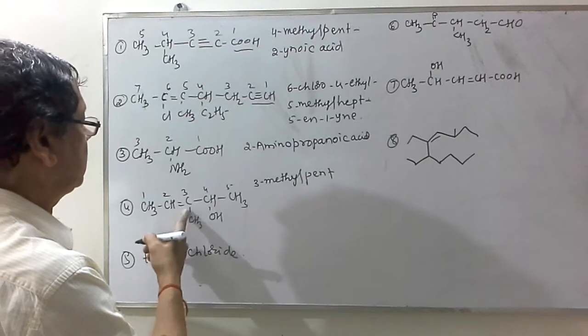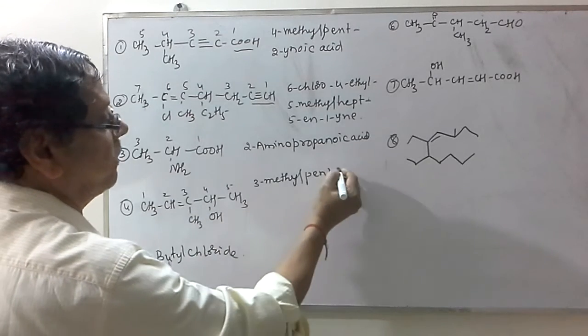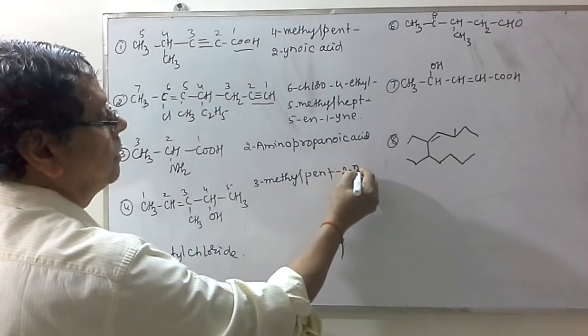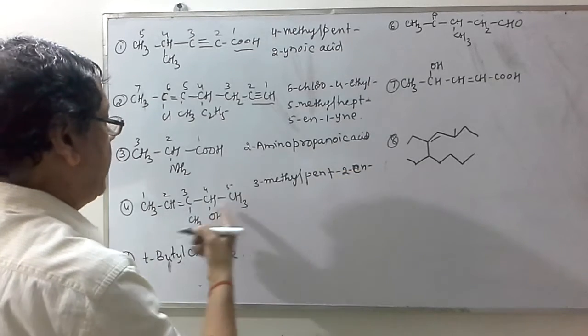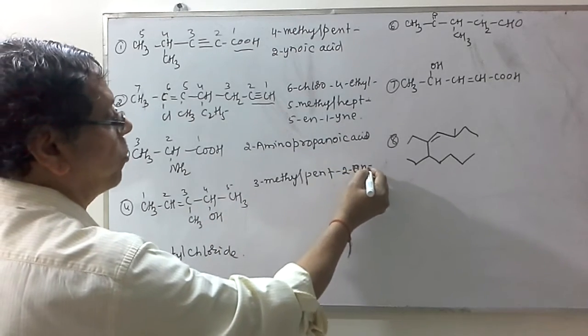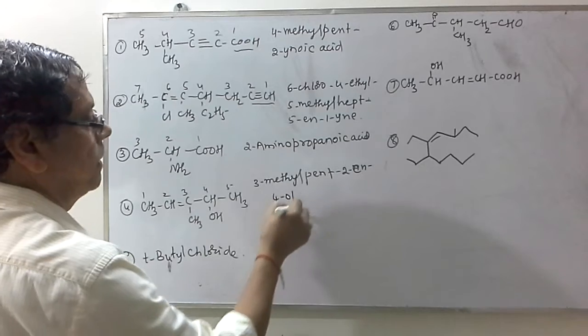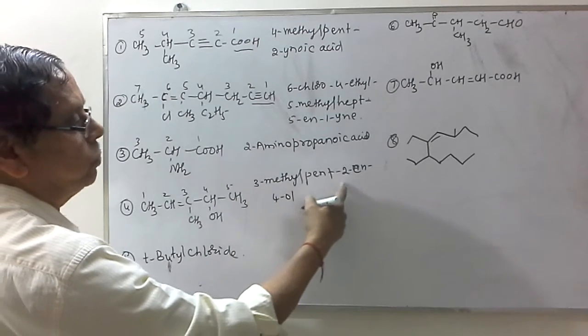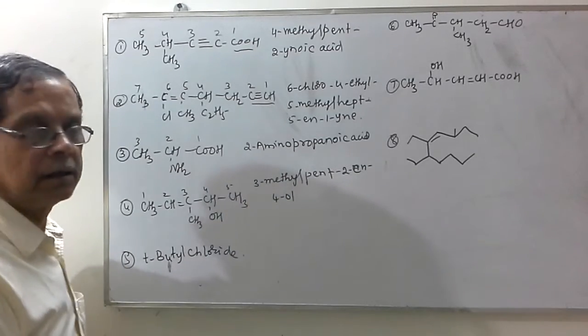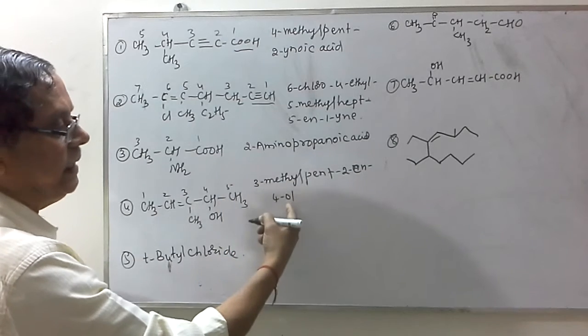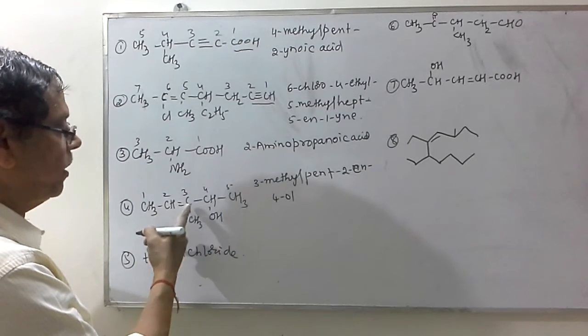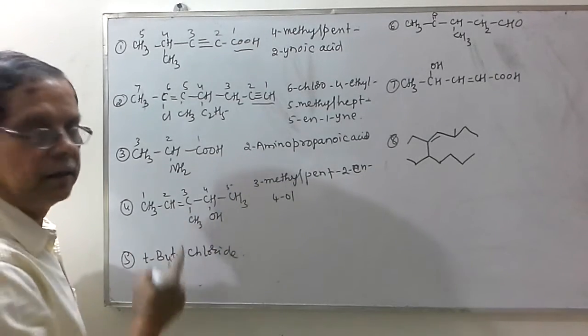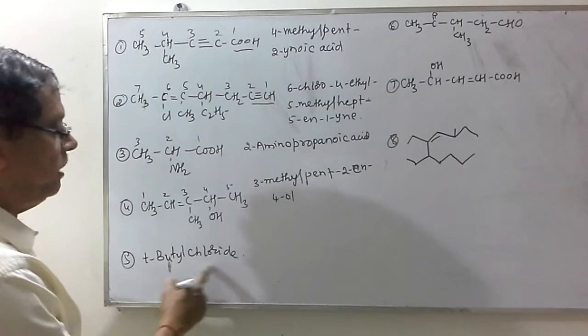Double bond is between second and third, therefore it is 2-ene. And OH group is at the 4th position, 4-ol. 3-methyl pent-2-ene-4-ol. 3-methyl pent-ene-ol. Ene for double bond and ol for the alcohol.